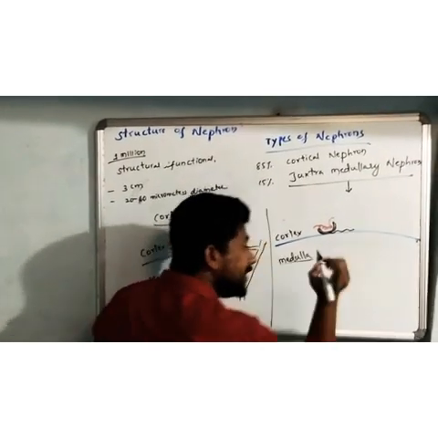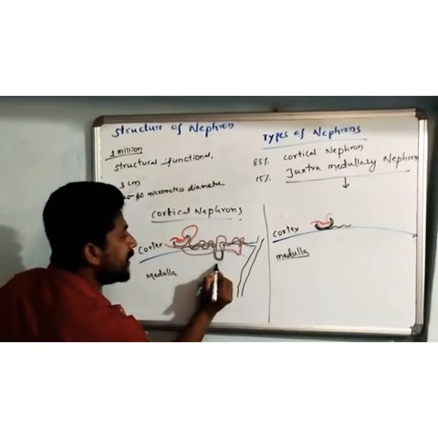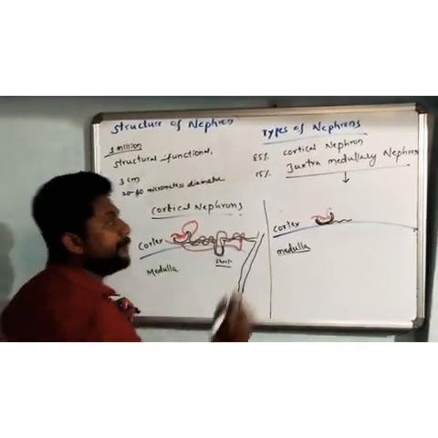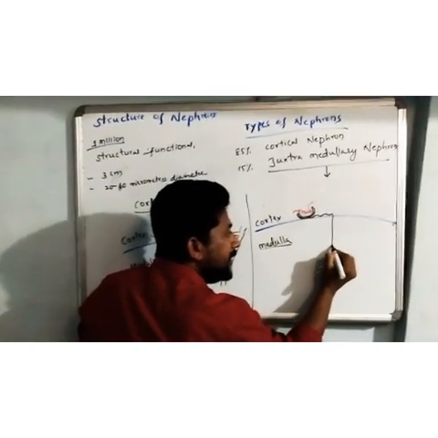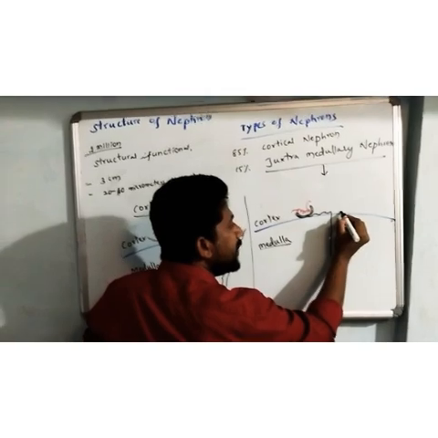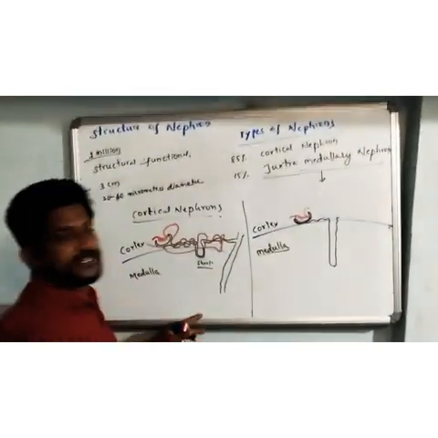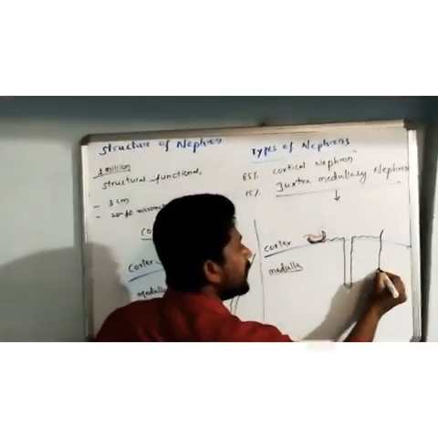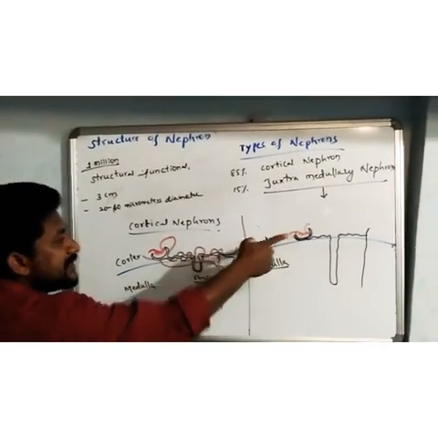Very important, in the cortical nephrons the loop of Henle is very short, but here the loop of Henle is deeply located into the medulla region, and it continues as a DCT, and this is a collecting duct.